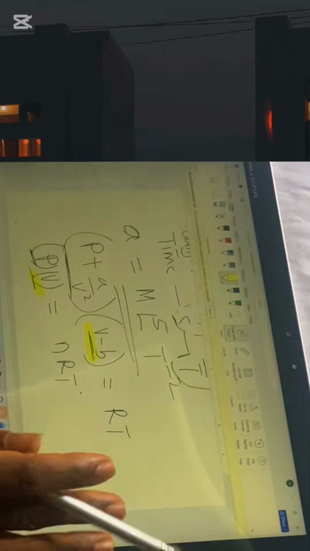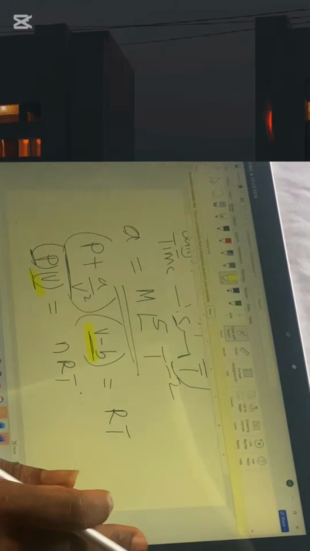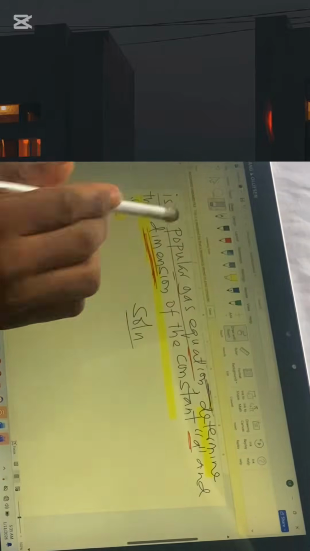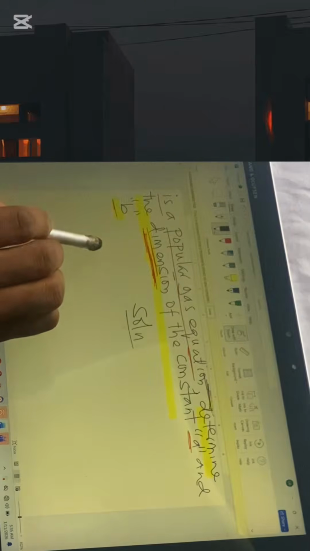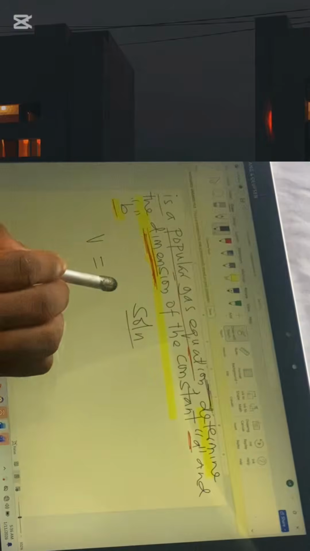When you do that, we have something like this. But let's just compare first. When you compare this, that is the second part, we have this to be V is equal to V minus B.